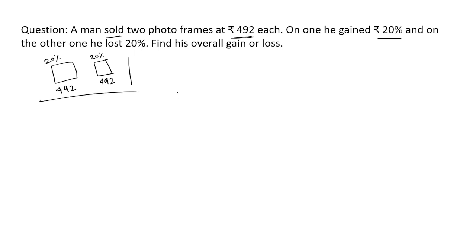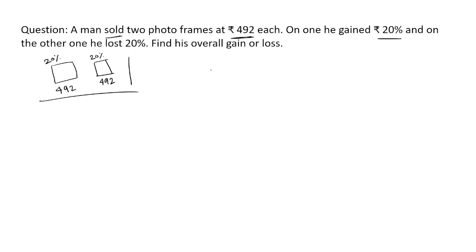So let us assume that for the first photo frame he gains 20%, and for the second he loses 20%, okay. Here SP and gain percentage are given, and you have to find the CP.